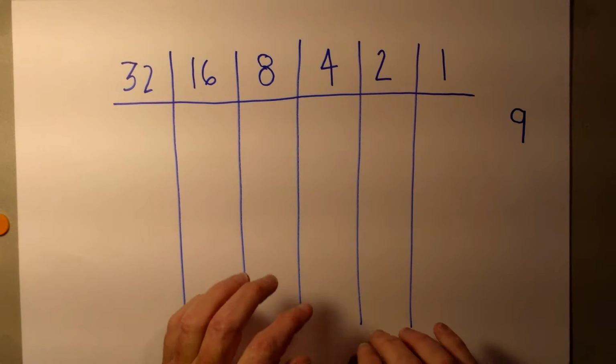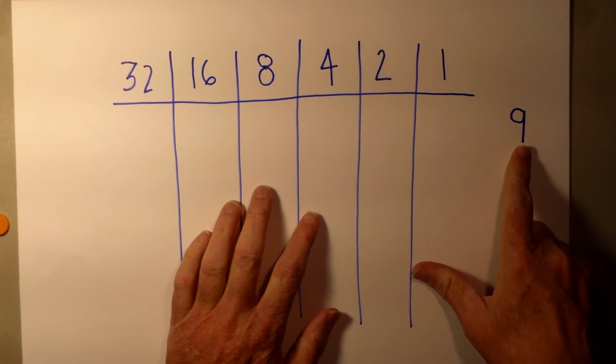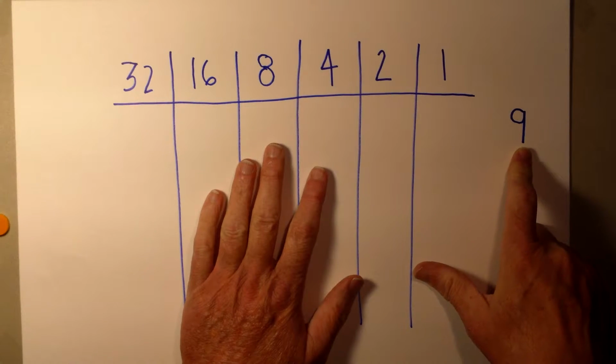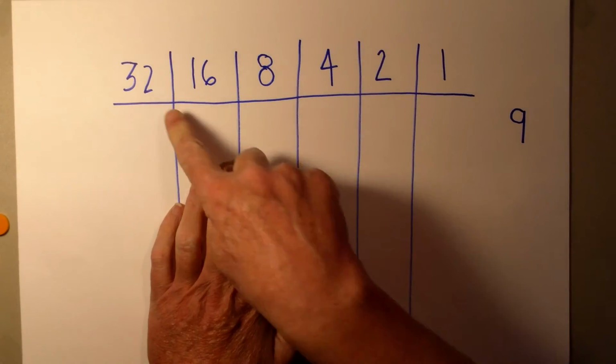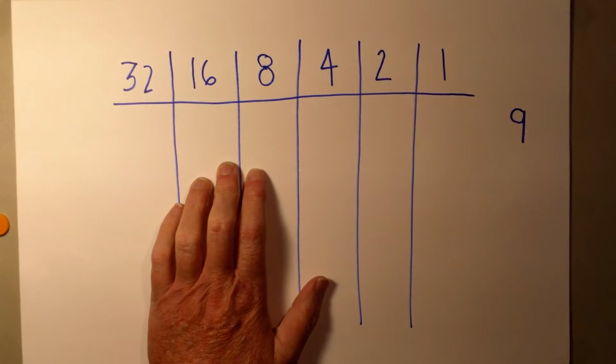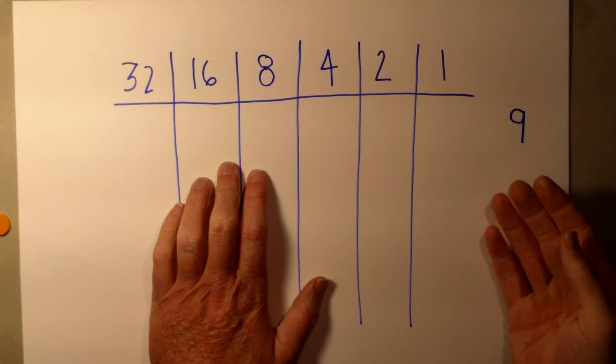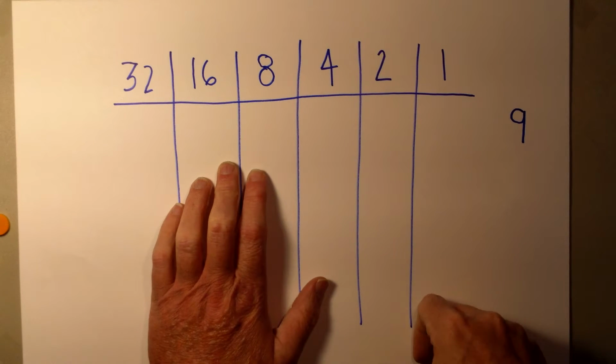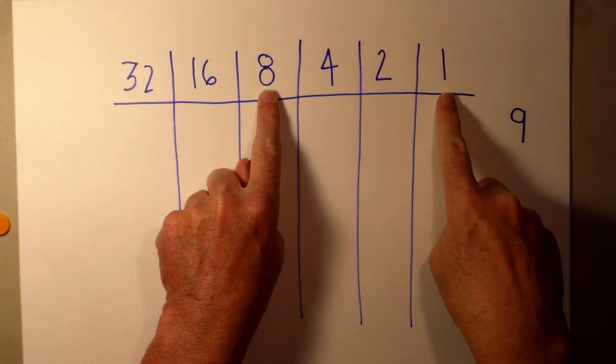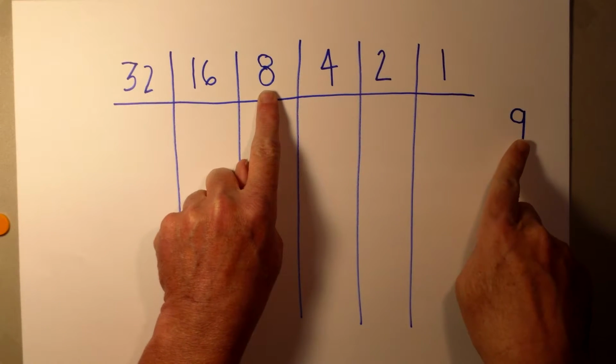Okay, excellent. Now, to find out what 9 is in binary, I need to look at my choices here and find numbers which, if I added them together, would total 9. And we have only one choice here. I can take an 8 and a 1. 8 plus 1 is 9.